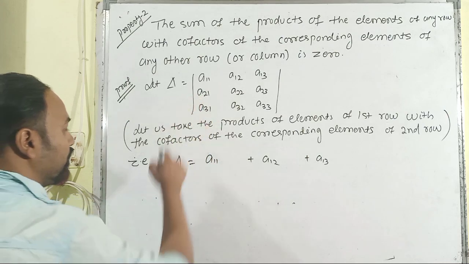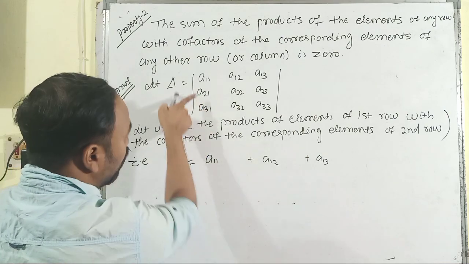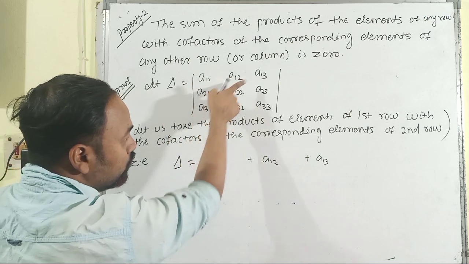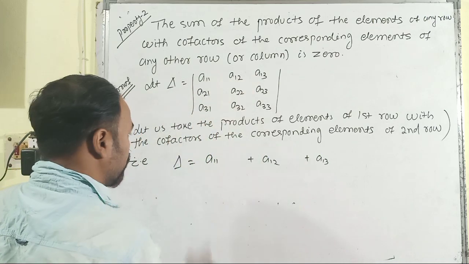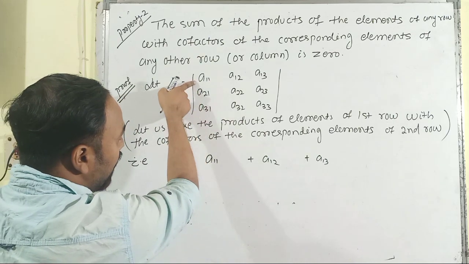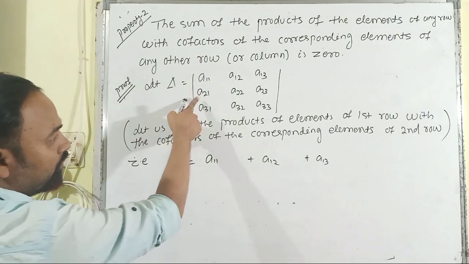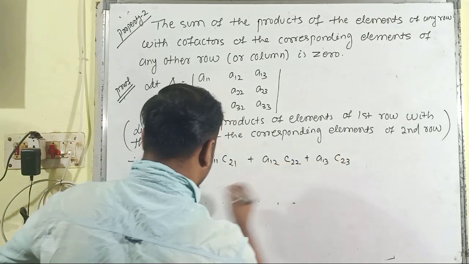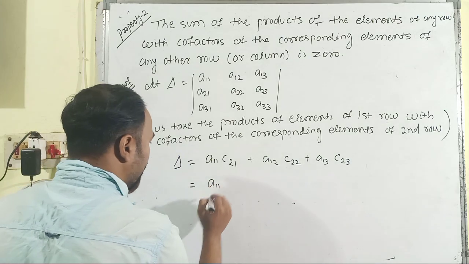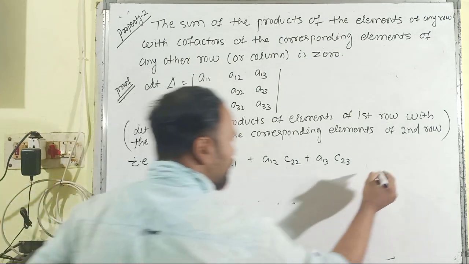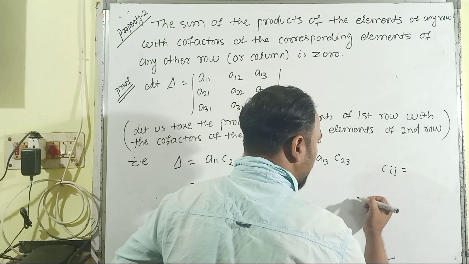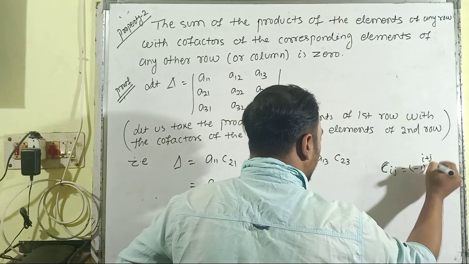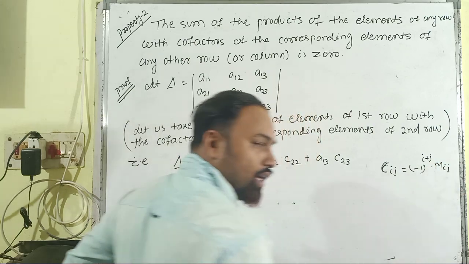That means the cofactor of A21, because the corresponding element of A11 is A21, of A12 it is A22, of A13 it is A23. So we multiply A11 with C21, A12 with C22 and A13 with C23. We know that the cofactor of any element aij is minus 1 to the power i plus j with the minor of that element aij.